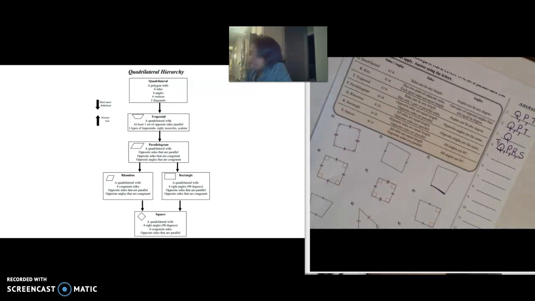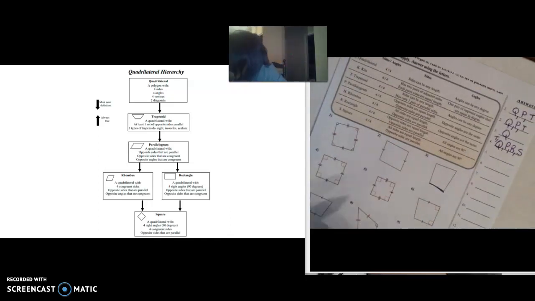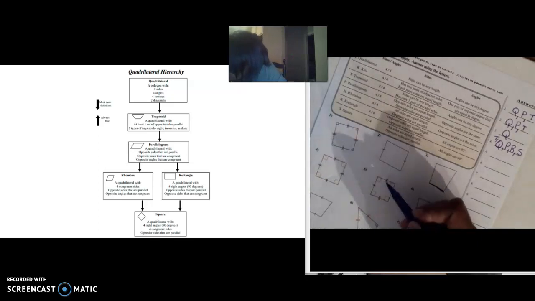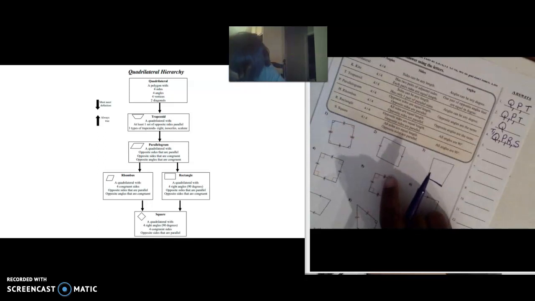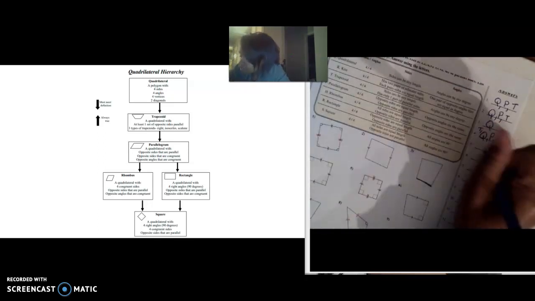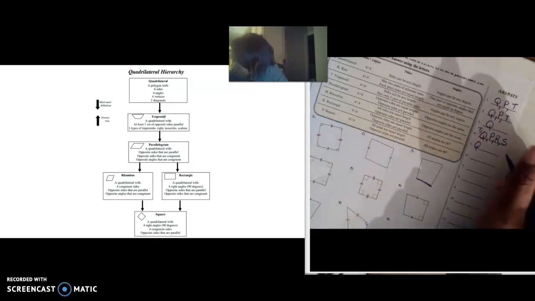Okay? All right, let's look at number 5. I noticed that it has 2 tick marks here, which lets me know that these sides are slightly different from this side. So because of that, I see that it is a quadrilateral. It is a trapezoid because it has at least 1 set of parallel sides.